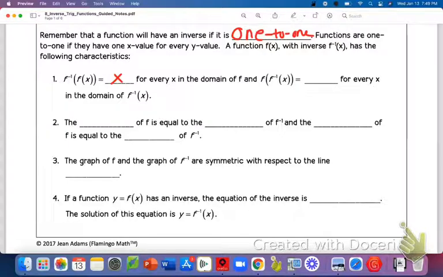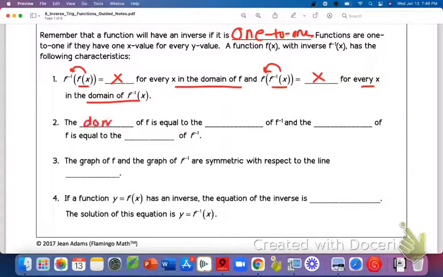They're showing compositions of trig functions with their inverses, with the resulting function being x. Whenever you plug the original function into your inverse, every x needs to be in the domain of f. And if you put your inverse into the original and it equals x, then every x has to be in the domain of the inverse function.